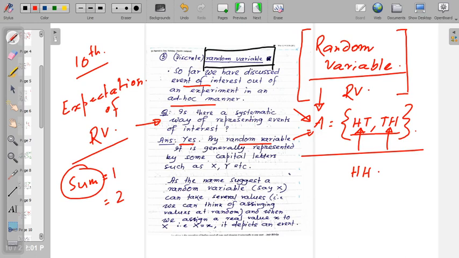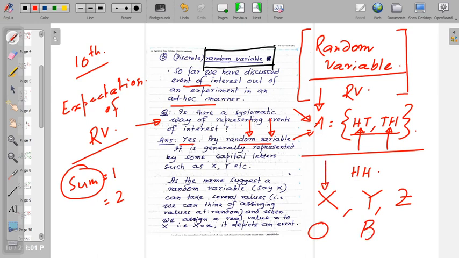Now here also this is associated with a word called variable. We are defining this by capital X, or capital Y, or capital Z, and so on.